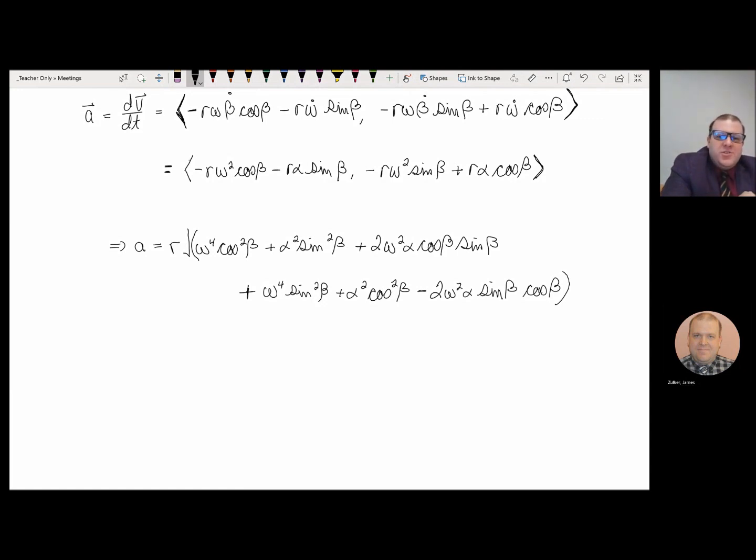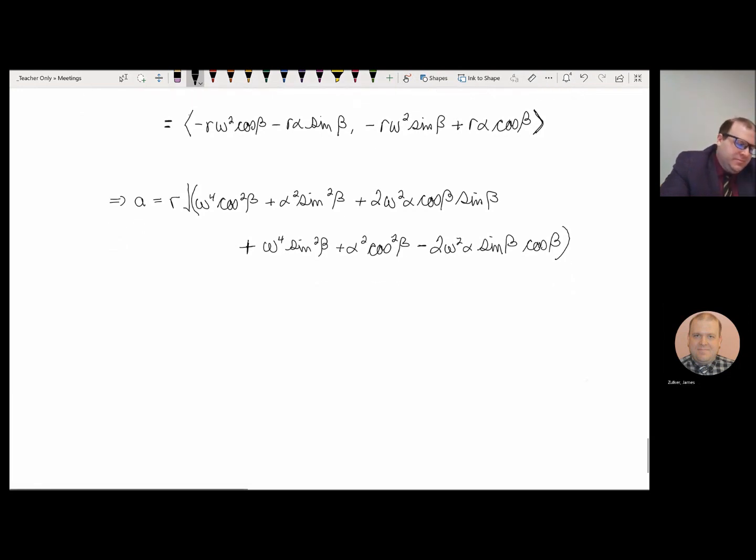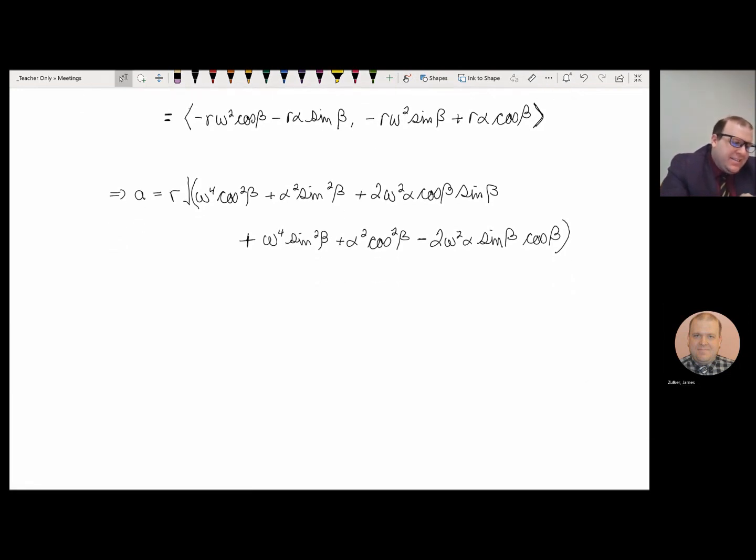Right, and as before, that notation is going to mean that's the square root of that entire thing. We're right off the bat. The middle terms can't hold.